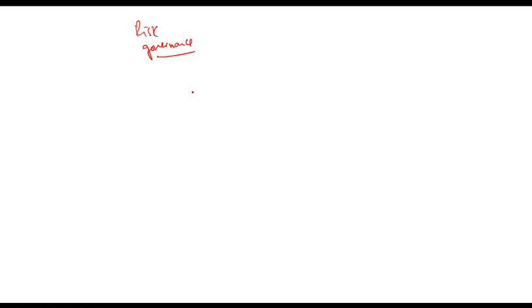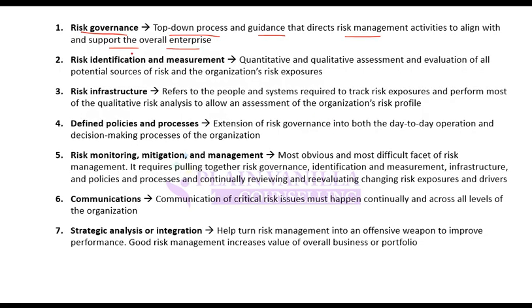For example, the senior-most position, the top management, would set guidelines or a direction for risk management, and then that risk management guidance and direction would flow down to lower management or lower staff. This is known as risk governance. That is, there should be a governance system in place.